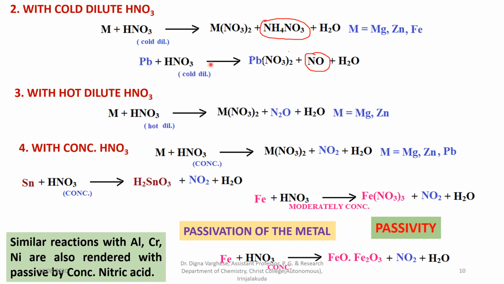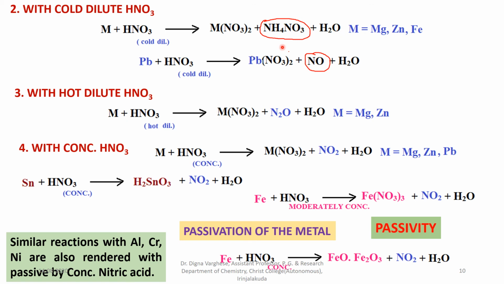From these reactions we can see different byproducts, with the corresponding metal nitrate, are obtained due to the reduction of nitric acid. That depends upon the temperature and the reaction conditions, whether it is cold, dilute or concentrated.